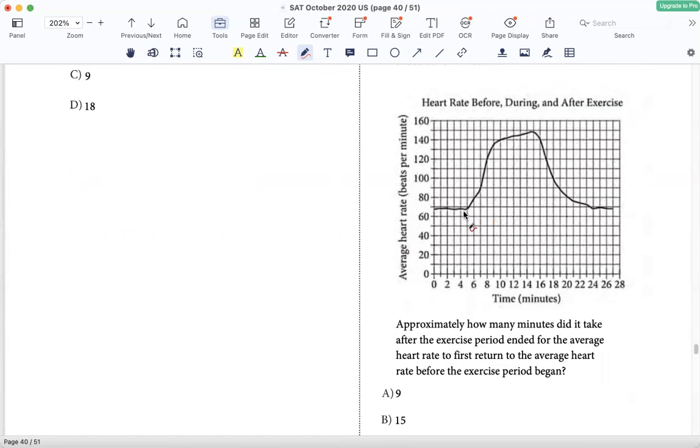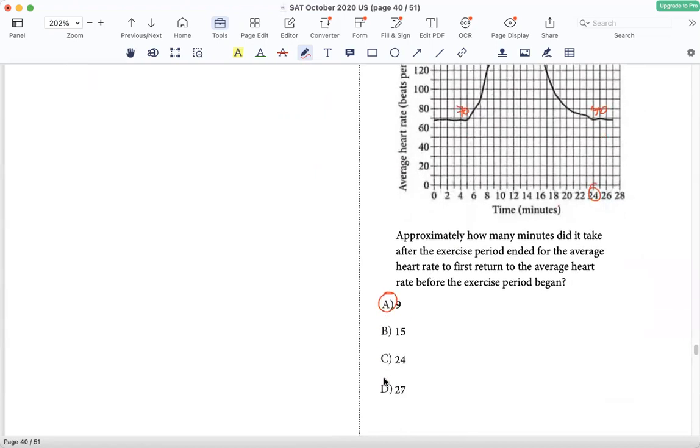Okay, so the average heart rate before the exercise, because it began here, was about 70, right? And it came back to about 70 at the 24th minute. And exercise ended at the 15th minute. So 9 minutes is how much time it took.